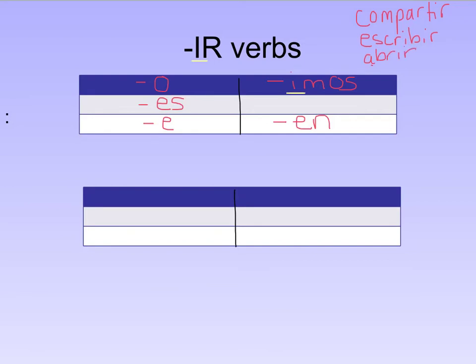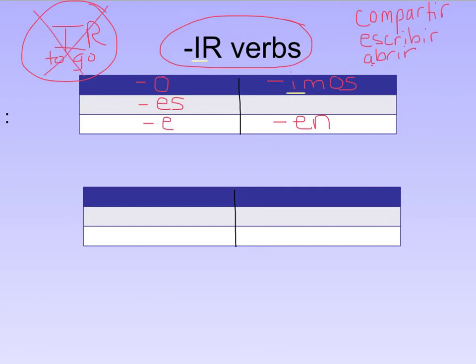Now notice these are IR verbs, not the verb ir that means to go. That still goes voy, vas, va, vamos, van. We're not doing that right now. We're doing a different group of verbs called IR verbs. They end in I-R.